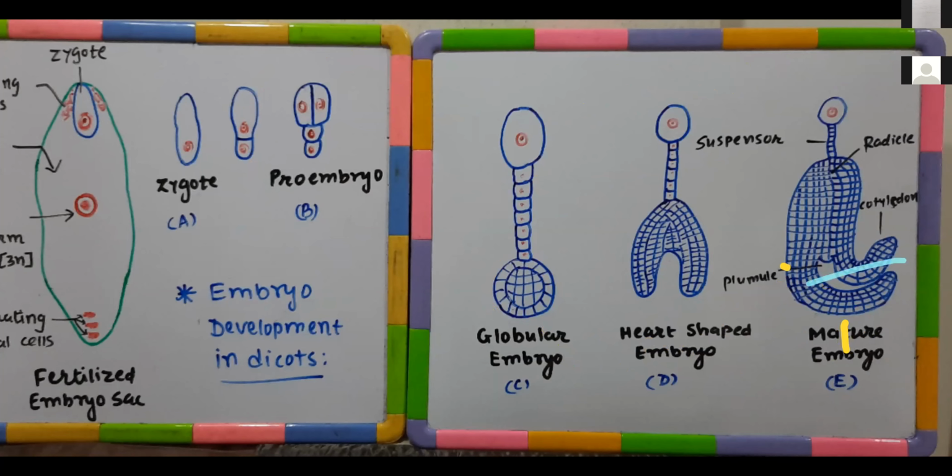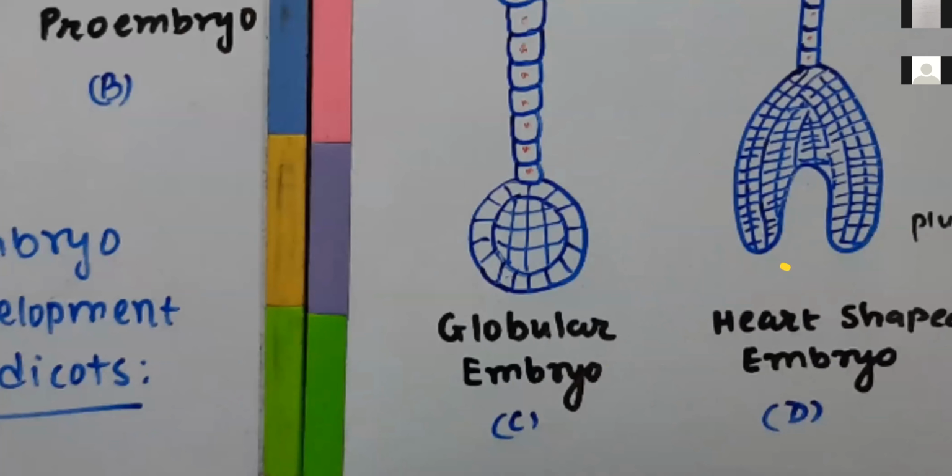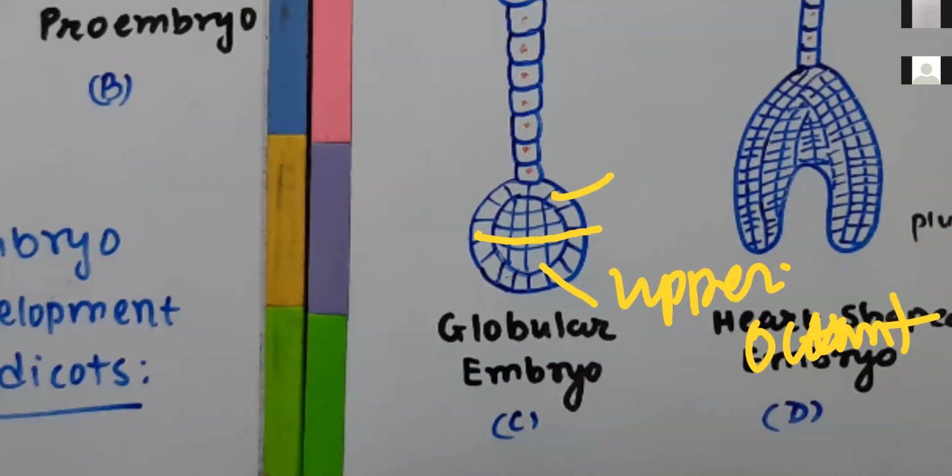I can explain, for example, in globular stage, there are two parts formed in the clusters of cells, upper part and lower part. This is called upper octant, that is towards chalaza, and this is lower octant of embryonic cells, that is towards the micropylar end. This is chalaza octant, this is micropylar octant.